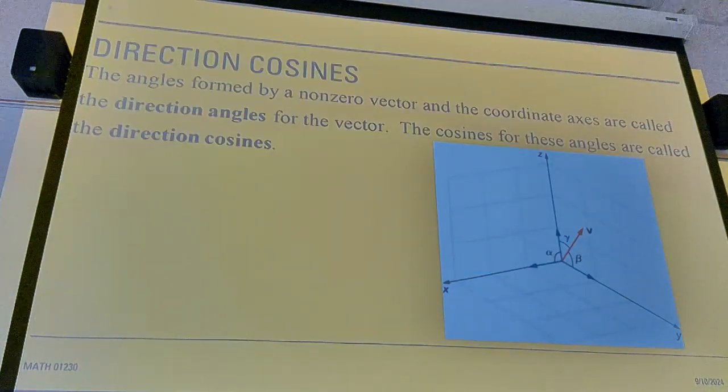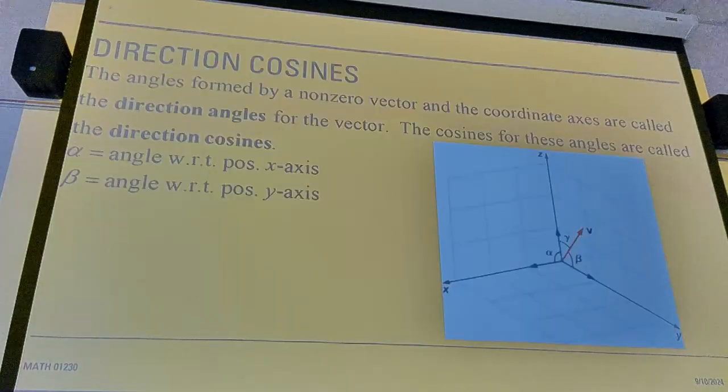So alpha is the angle made with respect to the x-axis, i hat. Beta is with respect to the positive y-axis, the j hat. And gamma is with respect to k hat, the positive z-axis. Obviously, if you're only in 2 dimensions, then you just have alpha and beta.